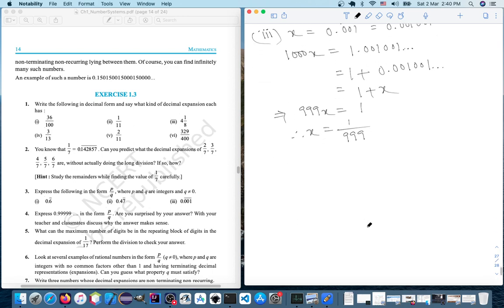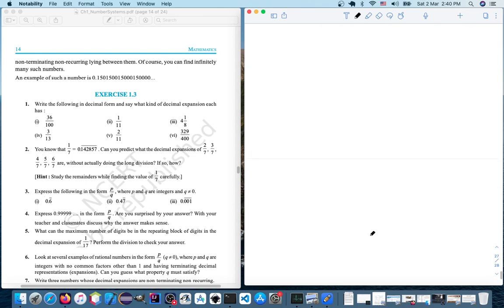Problem number 4 says express 0.99999 in the form p by q.